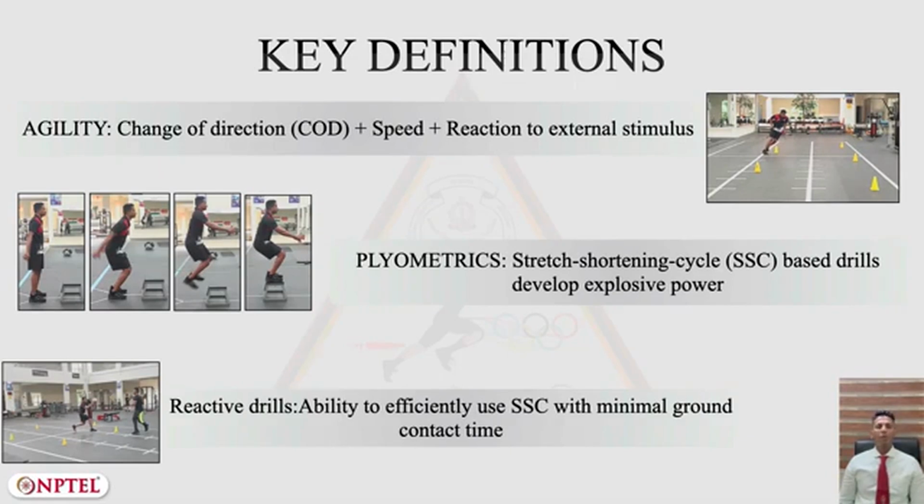Plyometrics are stretch shortening cycle based drills designed to develop explosive power through rapid eccentric-concentric transition. Understanding these definitions clarifies how each component targets different but complementary aspects of late-stage rehabilitation.